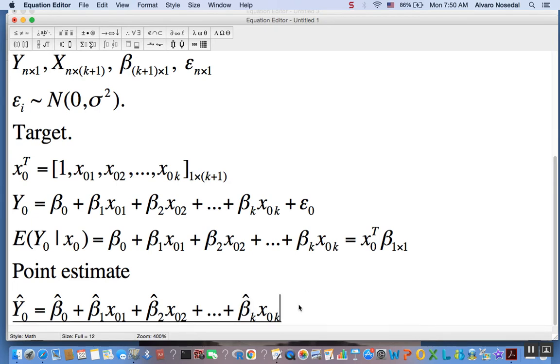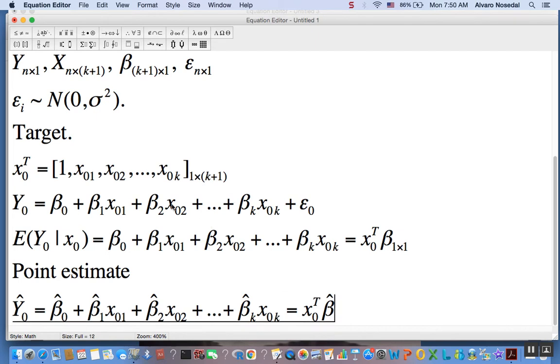And of course, what that means is we could re-express this as follows. Just that vector x0 transpose times beta hat, where beta hat is going to have these dimensions, k plus 1 by 1.